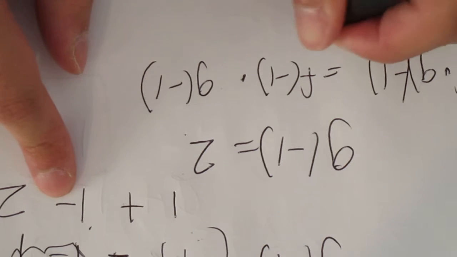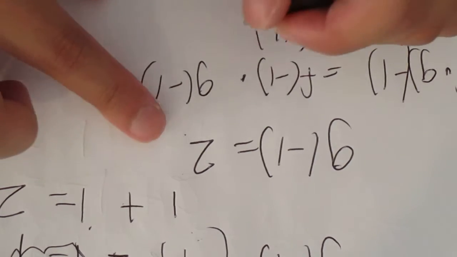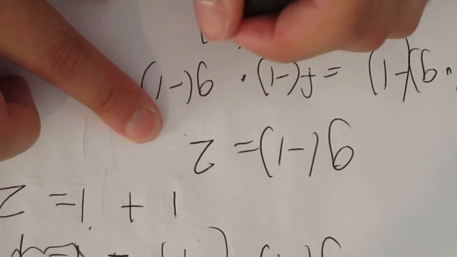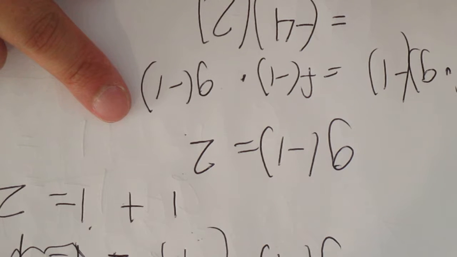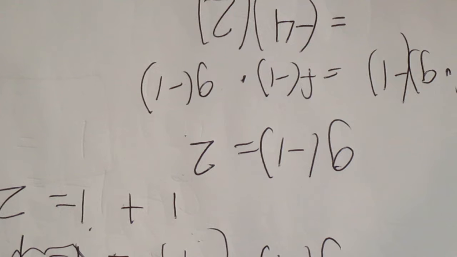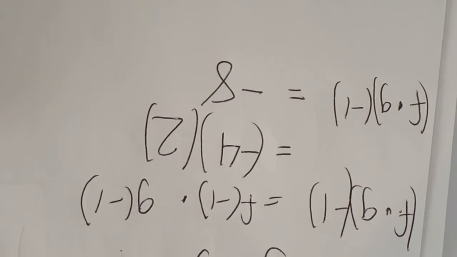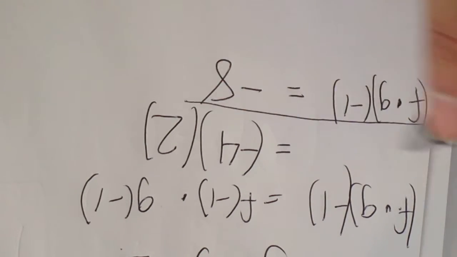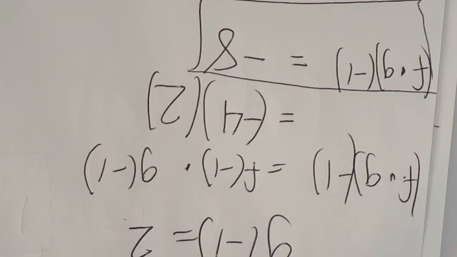It's negative 4. And then times that by g of negative 1, which is 2, which gives you negative 8. So your final answer is f times g of negative 1 equals negative 8.